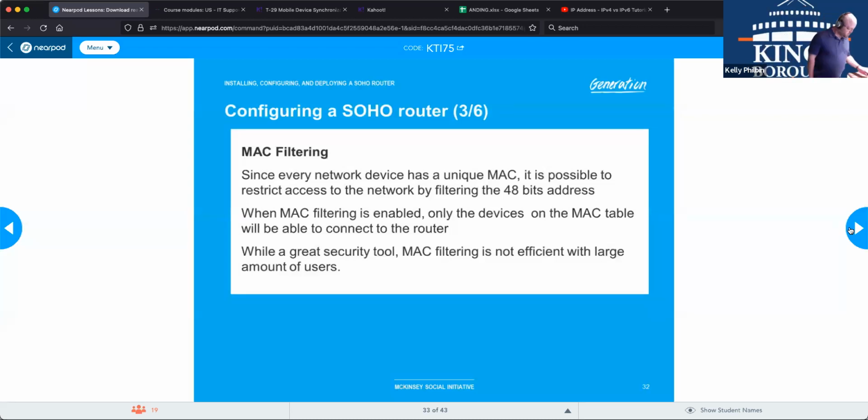Another security measure, technically a security measure, but again one that's easily bypassable, is something you can do on your routers called MAC filtering. Remember we talked last Thursday that every network device, the network card, has its own MAC address: 6 sets of 2 characters, the first 3 for the manufacturer, the second 3 for the device itself.